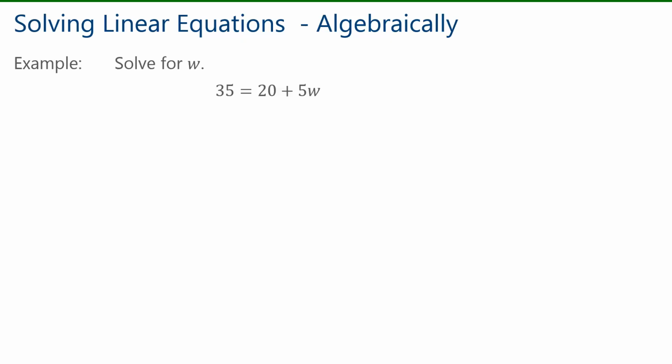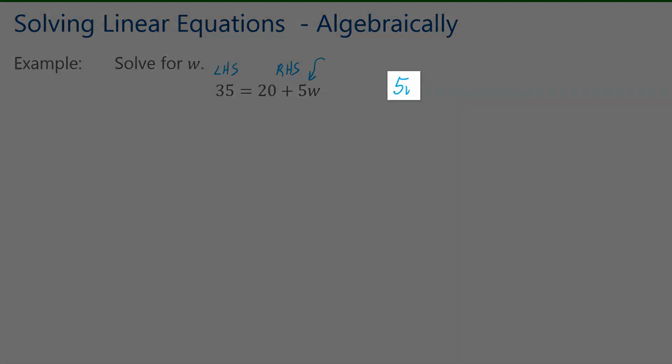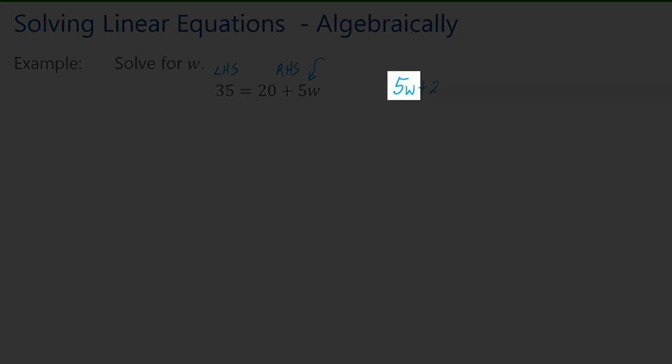And our final example, solve for w. 35 equals 20 plus 5w. This time, the variable has been placed on the right-hand side. Flip-flop idea, that could work. You can switch both sides and rearrange if you want to keep the variable term furthest to the left.